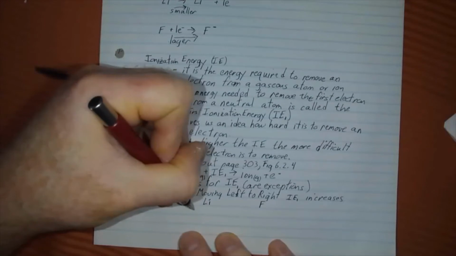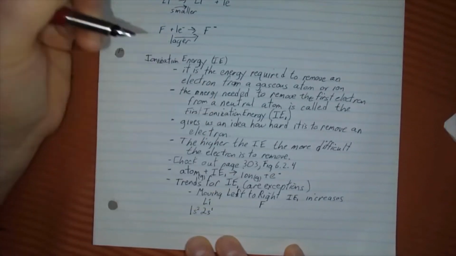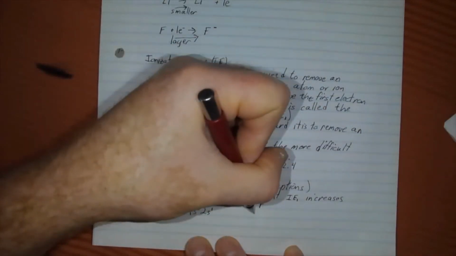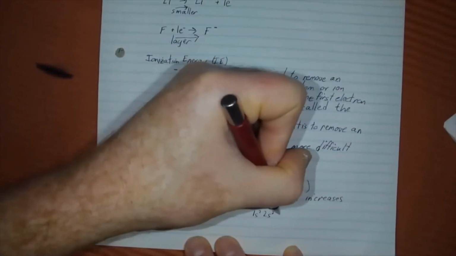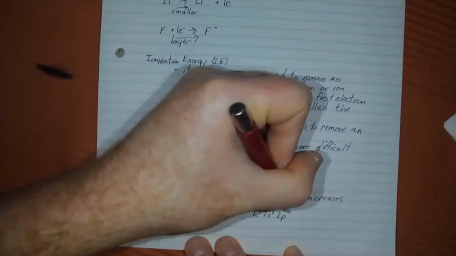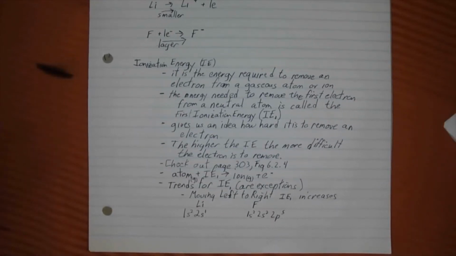All right, lithium, let's look at the electronic configuration, 1s2, 2s1. Compared to fluorine, 1s2, 2s2, 2p5. So, let's look at this. What do atoms want?